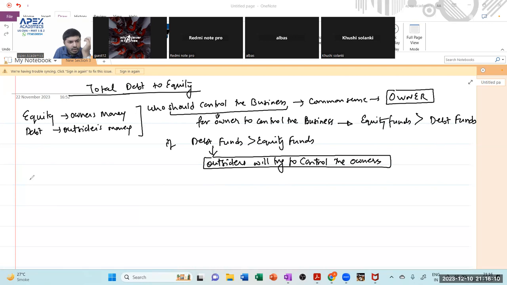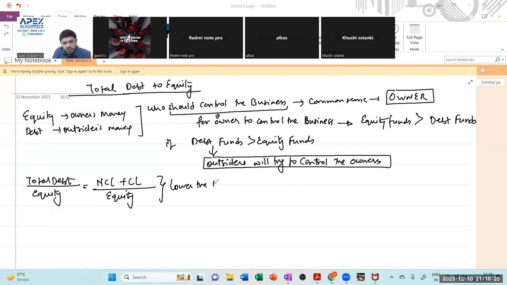So, what is total debt to equity? Total debt upon equity. What is total debt? Non-current liabilities plus current liabilities upon equity. Lower the better for two reasons. First reason, lower risk of fixed interest payment.